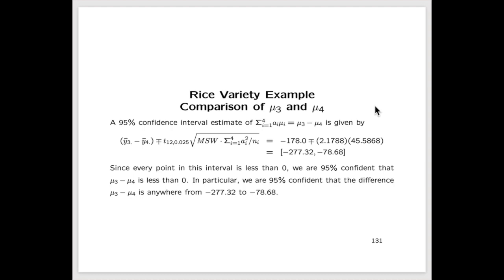And in particular, we're 95% confident that the difference mu3 minus mu4 is anywhere from negative 277.32 up to negative 78.68. And again, another way to say this would be that we are 95% confident that mu4 is anywhere from 78.68 units up to 277.32 units larger than mu3.